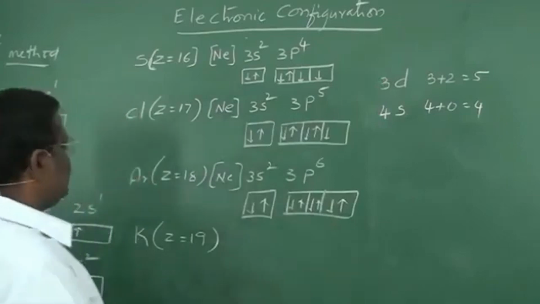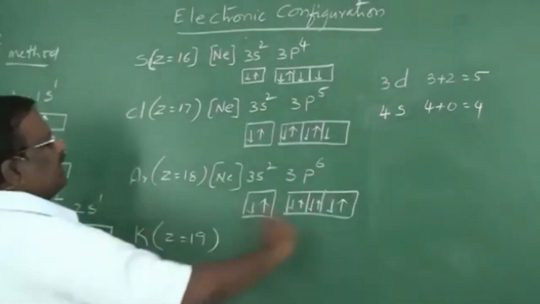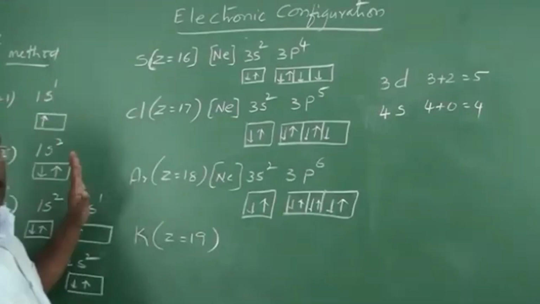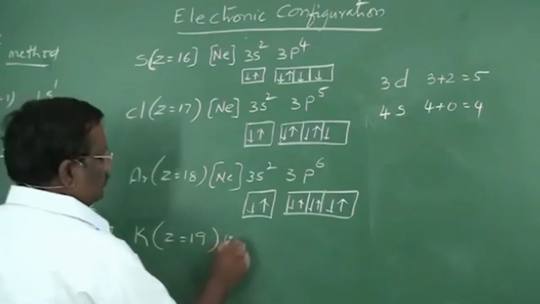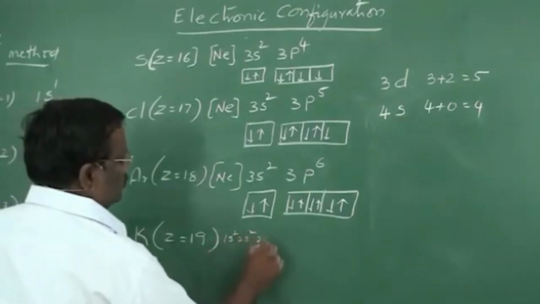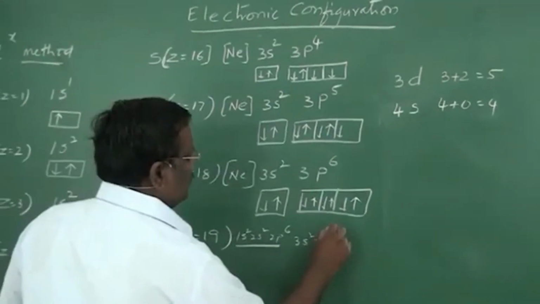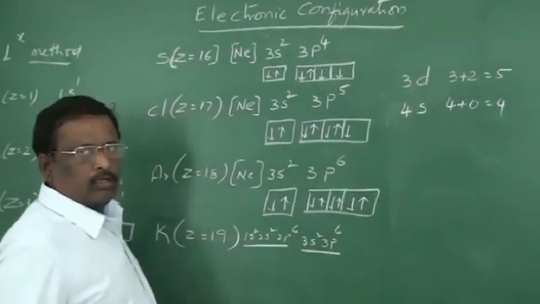So in potassium, the first 18 electrons will be arranged just like the 18 electrons of argon. That is 1s2, 2s2, 2p6, this is neon, then 3s2, 3p6 up to argon.